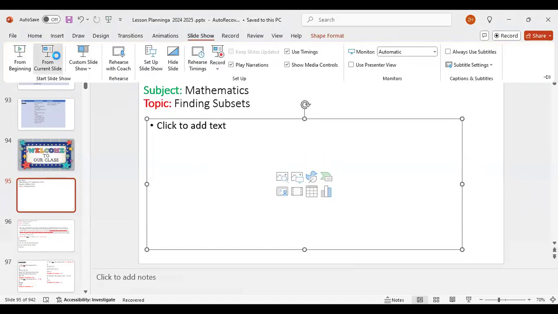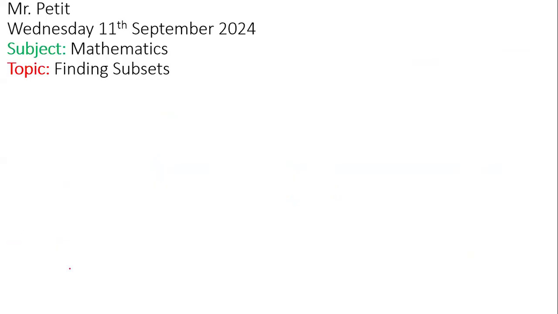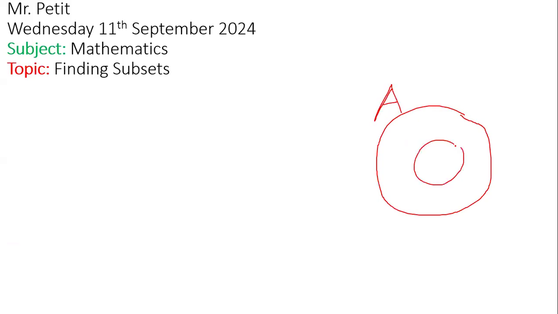So let's say we have this set, and we let the circle represent the set. Let's call this one set A and this one set B. We say that set B is a subset of what? A. Very good.